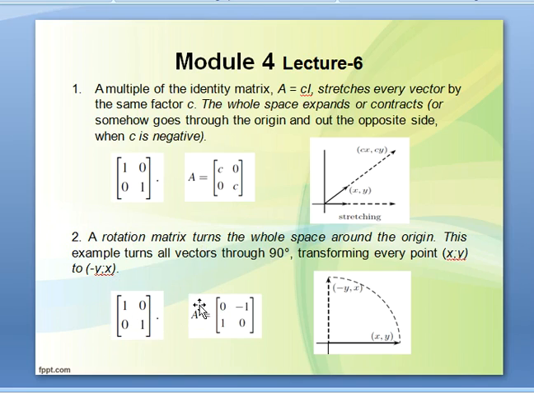Before that, a rotation is nothing but rotating the point or the column vector, whatever dimension we are dealing with, by 90 degrees. So transforming every point xy, let's say in two-dimensional space, by 90 degrees. So xy may turn into minus y x, or it may be xy itself. Let's see what the conditions are to understand how the rotation gives this matrix.